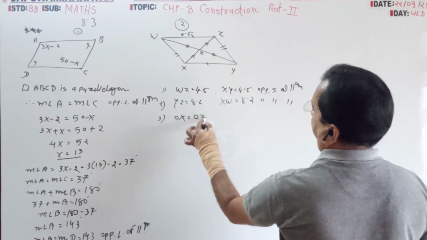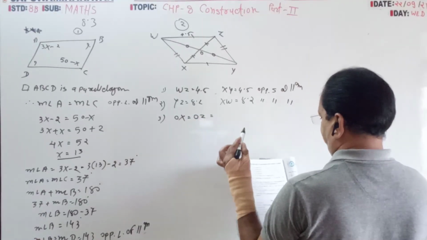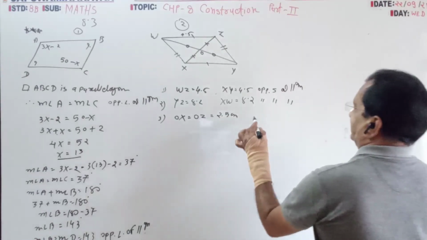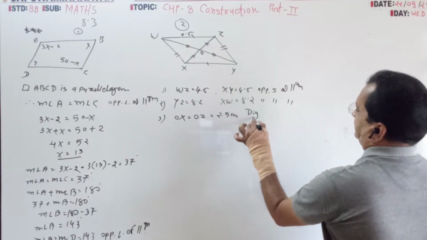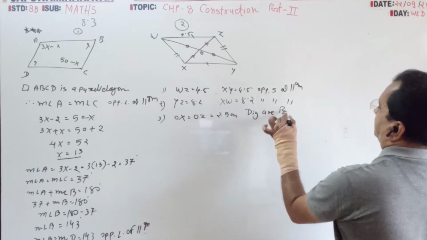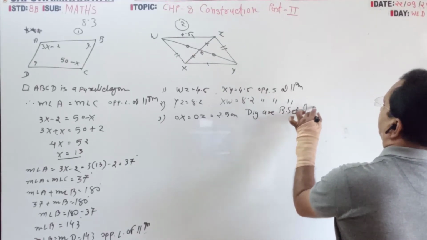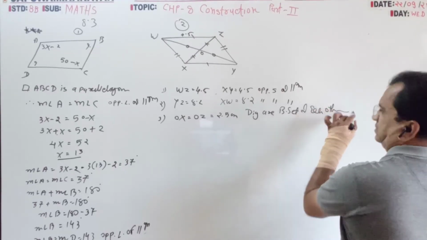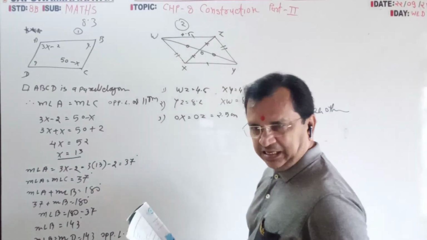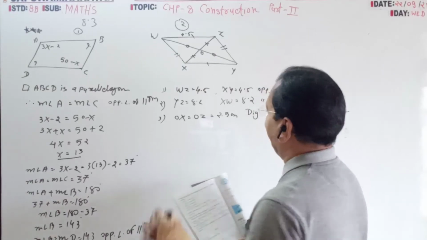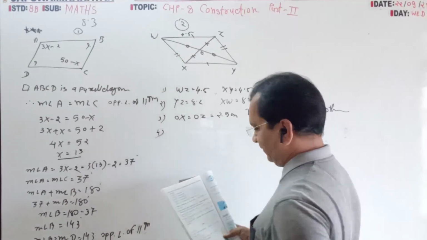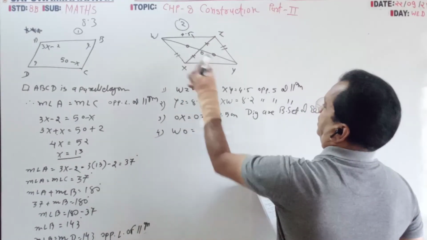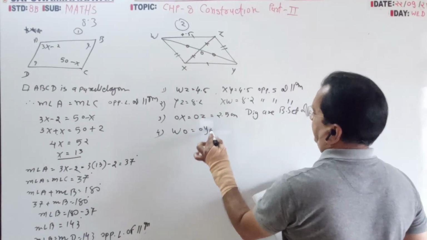OX is equal to OZ. That is same, 2.5. Diagonals bisect each other. OW is equal to OY.